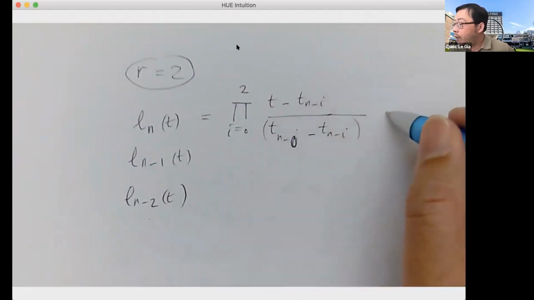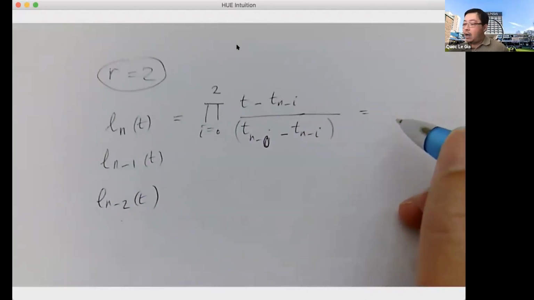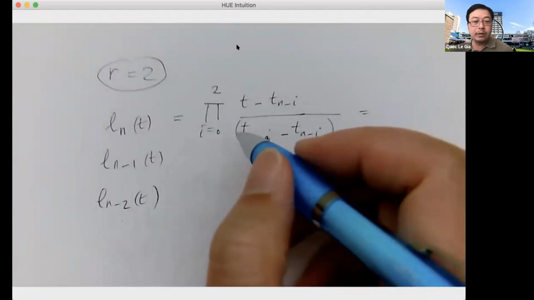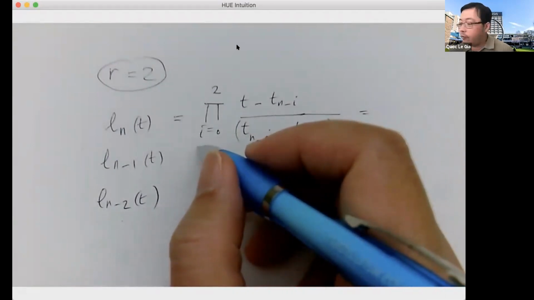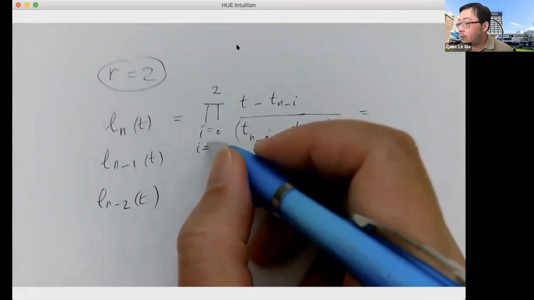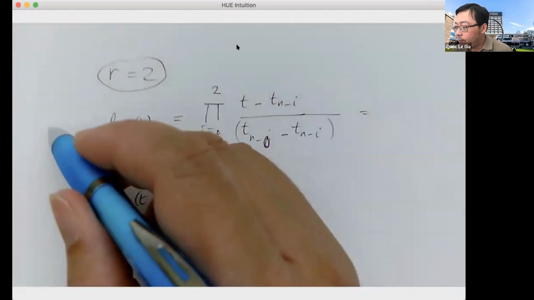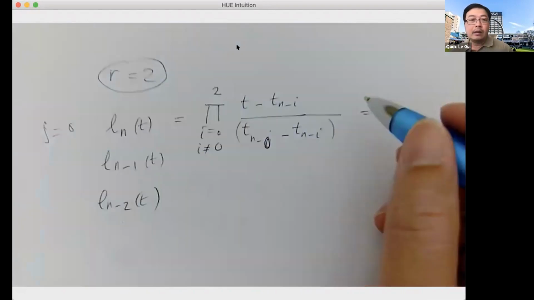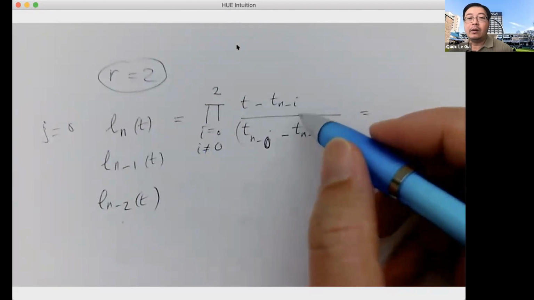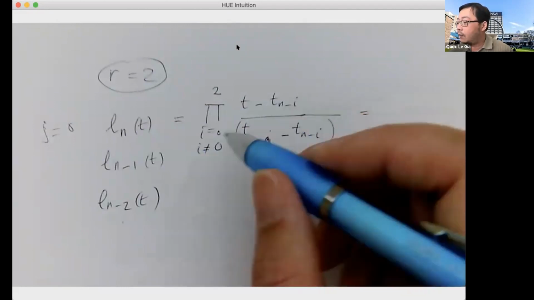So i is different from j, and j equals 0, so i is different from 0. Then you cannot have i equals 0, because i has to be different from 0.